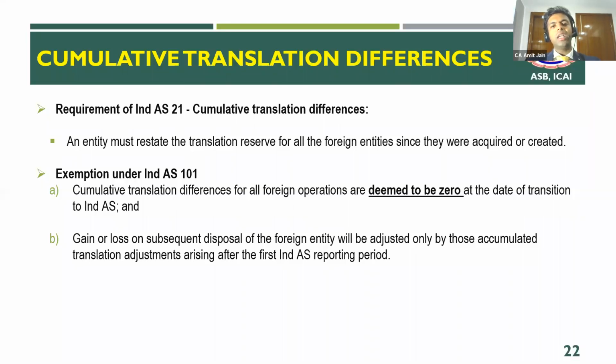Once the company starts its books from IND-AS, the company will maintain the entire balances and can have proper ledger accounts in respect of what is happening in the cumulative translation difference account. So the option has been given that the company can assign these numbers to zero and transfer all the numbers to retained earnings.